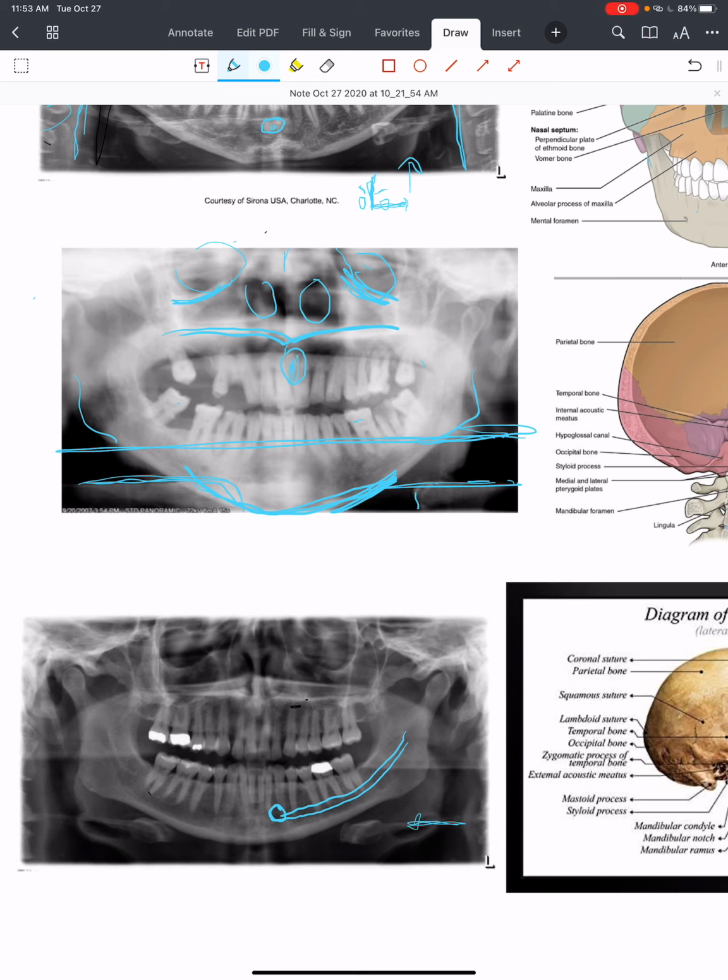It starts at the mandibular foramen and works itself to the lingual side of the ramus, continuing to the buccal surface of the body of the mandible, and ends at the mental foramen. The mental foramen can usually be found adjacent to the second mandibular premolars, so it will usually be in this region here, and it's going to be a radiolucent circle.